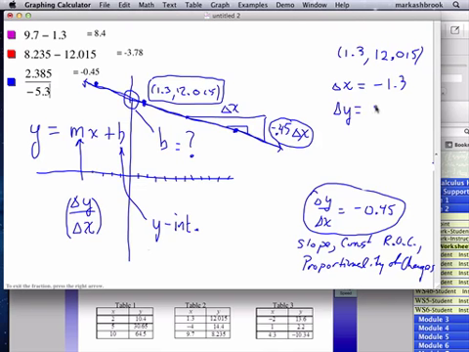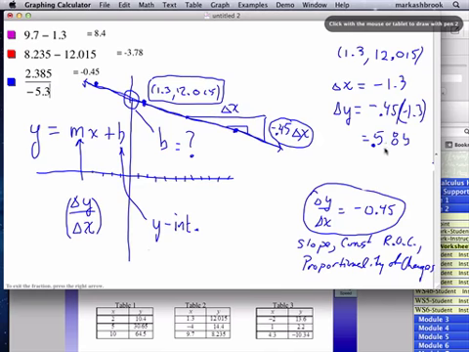So the corresponding change in y would be negative 0.45 times negative 1.3, which gives you 0.585. Then you add 0.585 to your original point, which is 12.015.